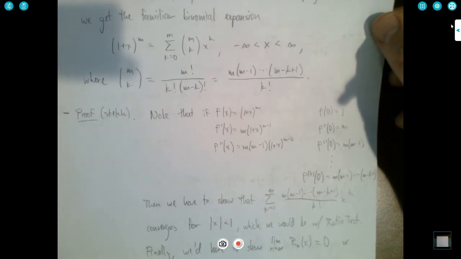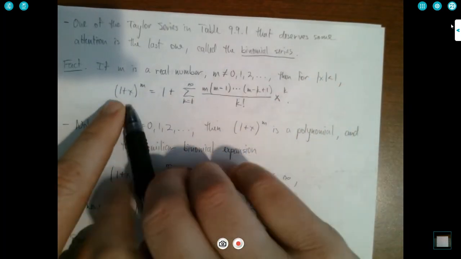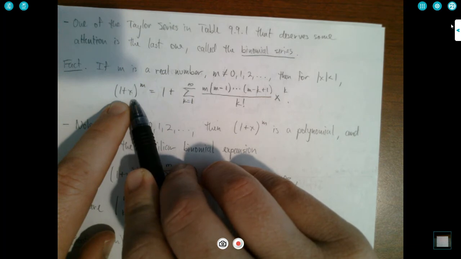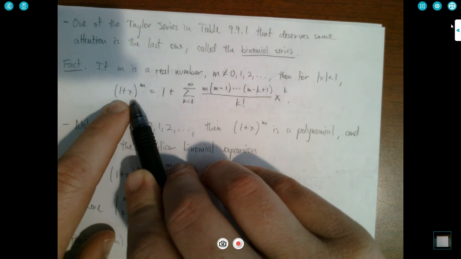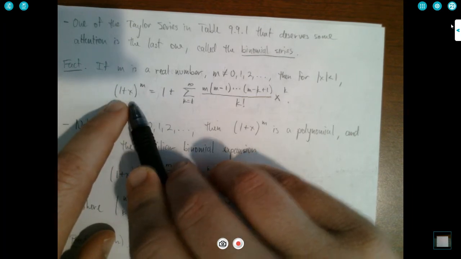As far as the proof goes, I'm not going to prove this thing in detail, but I did just want to give you a little sketch. If we have this function here, and we're trying to write a Taylor polynomial for it, or better yet, a Maclaurin polynomial for it, the first thing we have to do is come up with a formula for the kth derivative of this function evaluated at x equals 0.